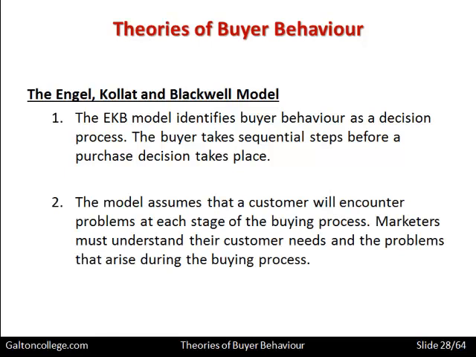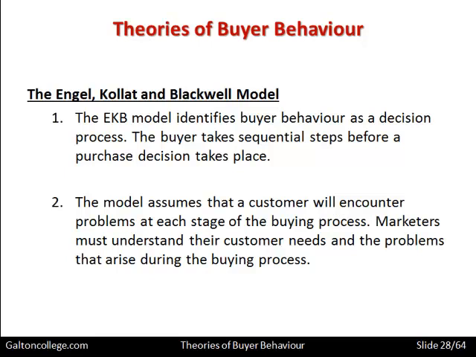The model assumes that a customer will encounter problems at each stage of the buying process, and marketers must understand their customer needs and the problems that arise during the buying process. So we have a series of steps before we make a purchase. Sequentially, one must happen before the other, and there are problems all the way through.